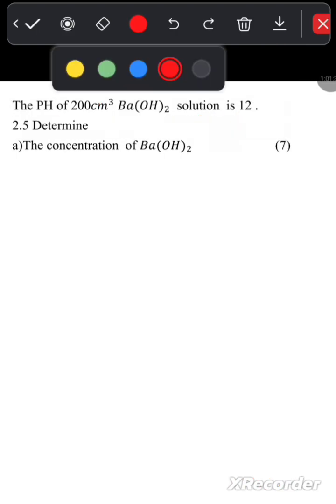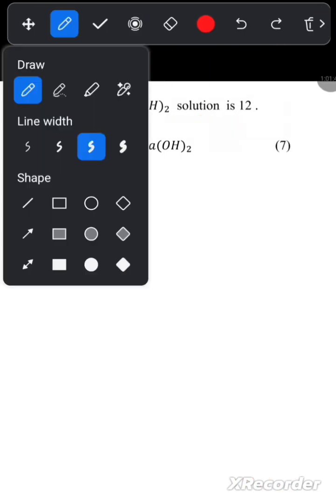Now we look at the last question. The pH of 200 cubic centimeters of barium hydroxide is 12. Determine the concentration.